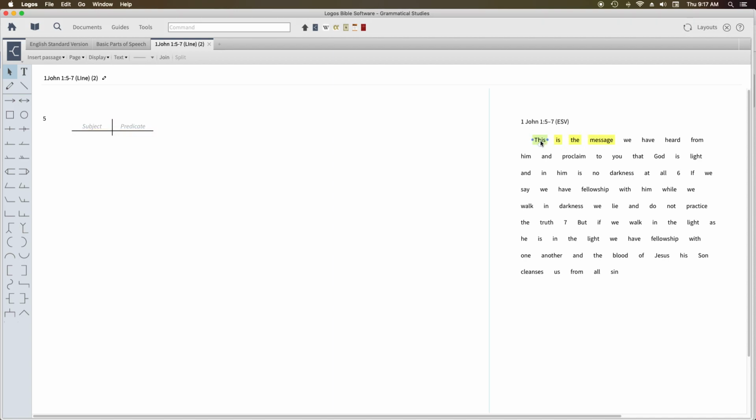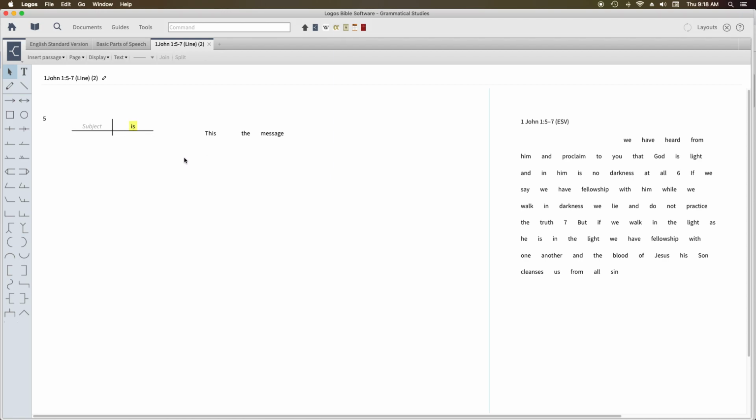So I'm wondering, remember we said this could be a demonstrative pronoun, but demonstrative pronouns can function as subjects. That's just part of what nouns do. They can pretty much function in any type of capacity other than being a verb. And so we know is here is our verb. So I'm going to go ahead and move is over here.